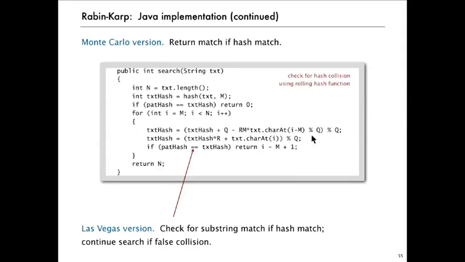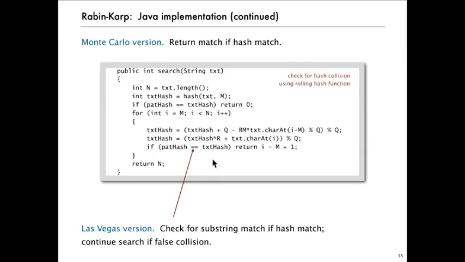We take our current hash value, add q to make sure it's positive, subtract off RM times the first character, and then add in the next character, mod q. And that gives us the text hash for the current position, and then we compare to see if that's equal to the pattern hash.